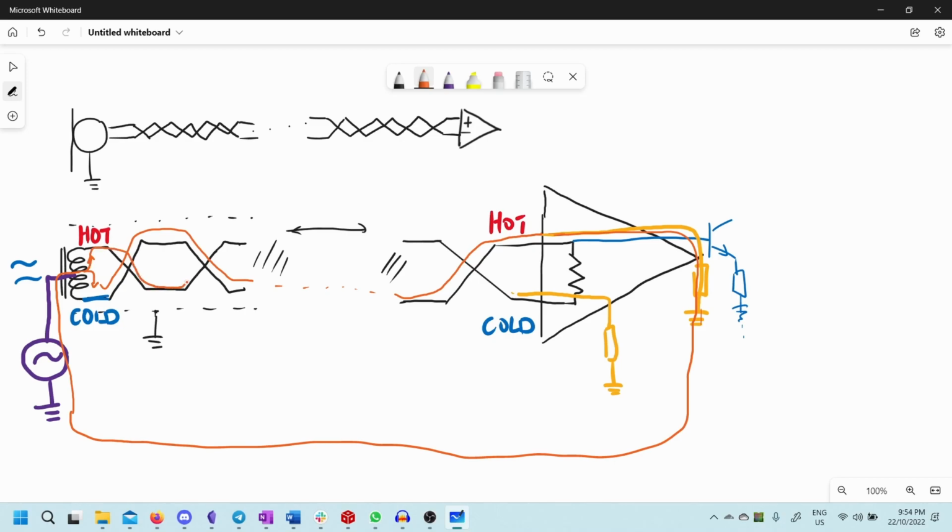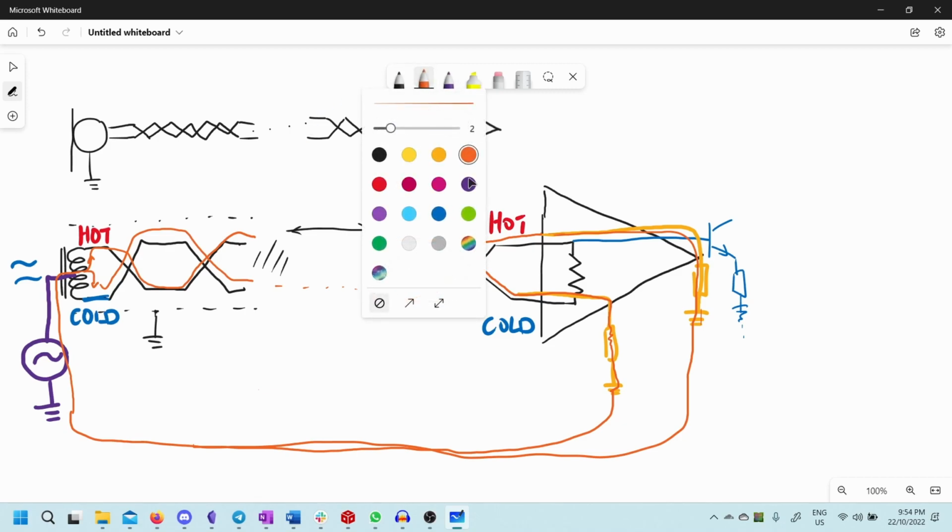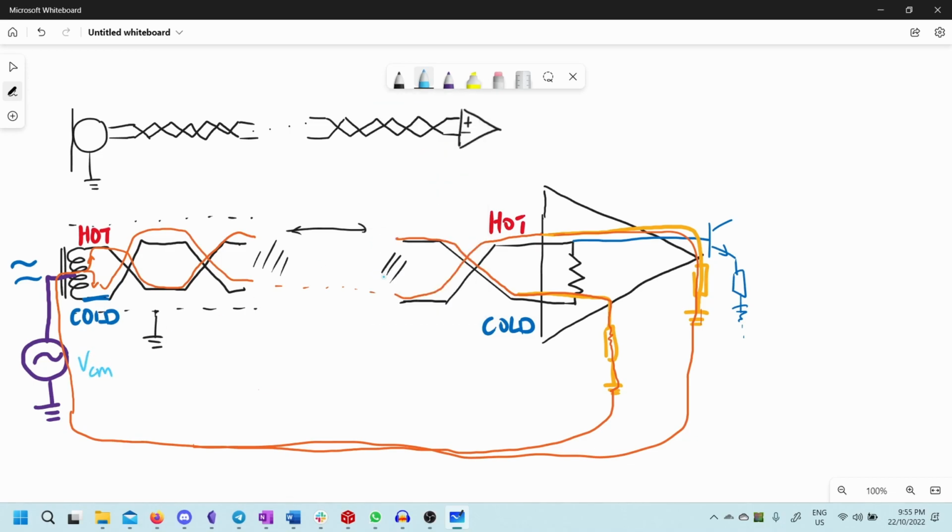So current flows over here, takes this path, goes down through whatever gates, transistors, and whatnot, goes down to the ground, and flows back, joins this current from the hot side over here, and goes back into our voltage source over here. So the common mode impedance, in this case anyways, that is seen by our voltage source over here, let's call this VCM for common mode.